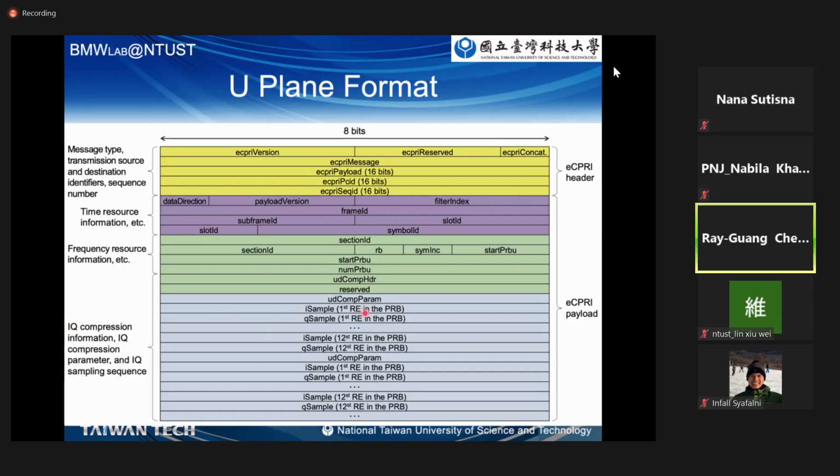So here you can find that the data, they show you the first RE in the PRB, then will show you many samples for different RE in the PRB. So means that they transmit one resource element one by one, symbol by symbol.